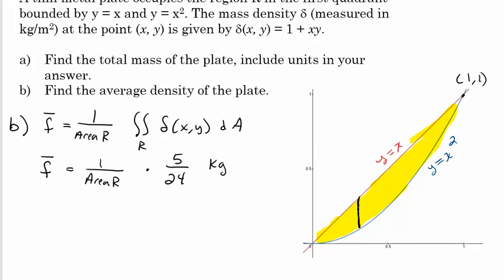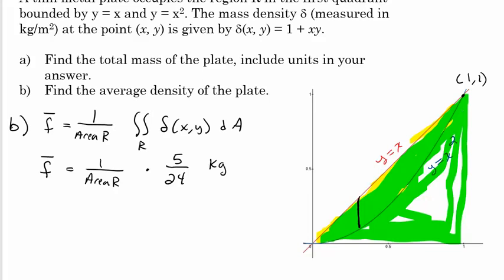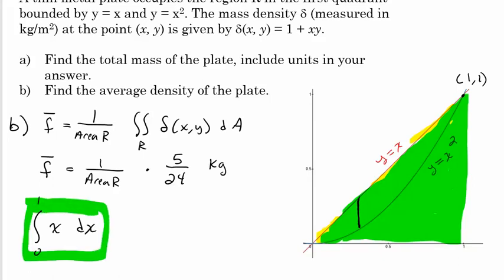And so the idea is that if I took all of the area underneath y equals x, so if I just did the integral from 0 to 1 of x dx, that would give me all this green area. Well, I don't want all that green area, right? I only want the little sliver part we're working on.